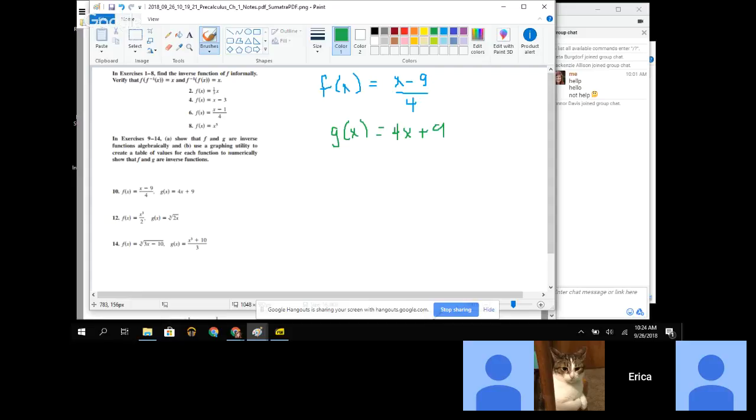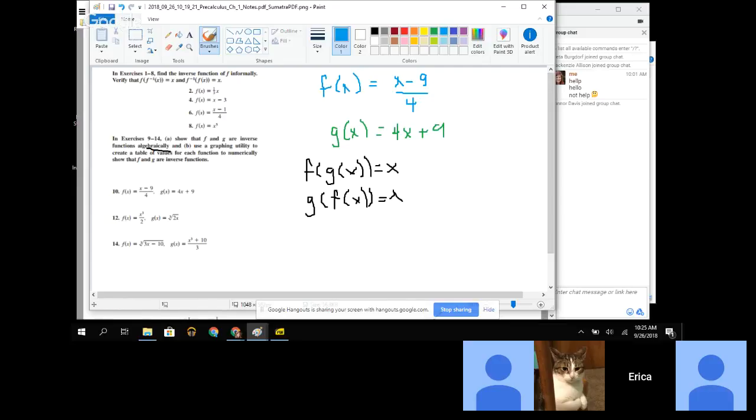In order to do that, we basically have to prove that f of g of x equals x, and g of f of x equals x. That's how we algebraically show that they are inverses of each other.